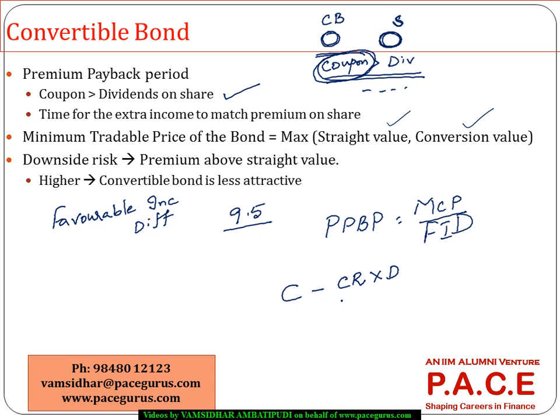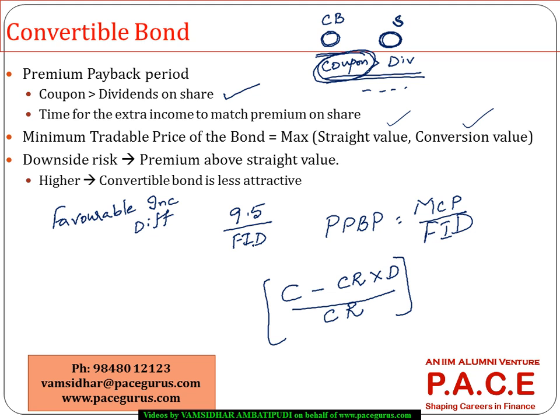This is the excess, and you divide it by the conversion ratio to get the favorable income difference per share. So when I divide by the favorable income difference per share, that is the excess I am getting per share in every period. So in how many years is that excess going to neutralize the premium that I am paying?